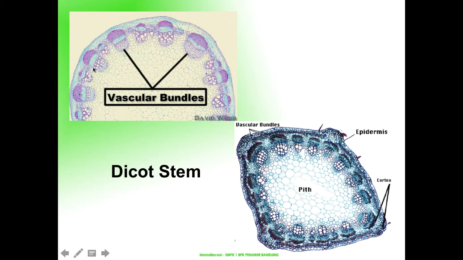This is a circular stem, so they are arranged like a circle. But this one has a four-sided stem, so look at the arrangement of the vascular bundles. It adapts to the shape of the stem. Now let's carry on.